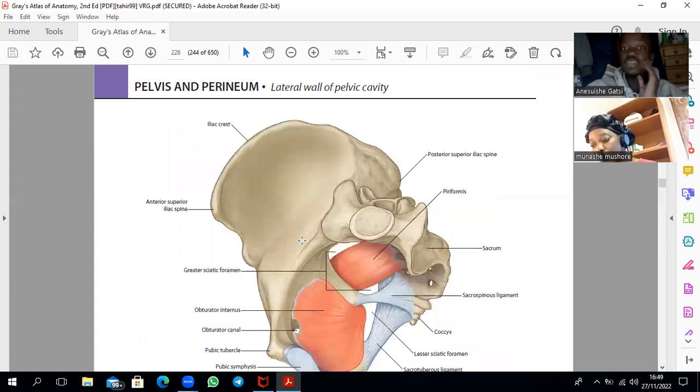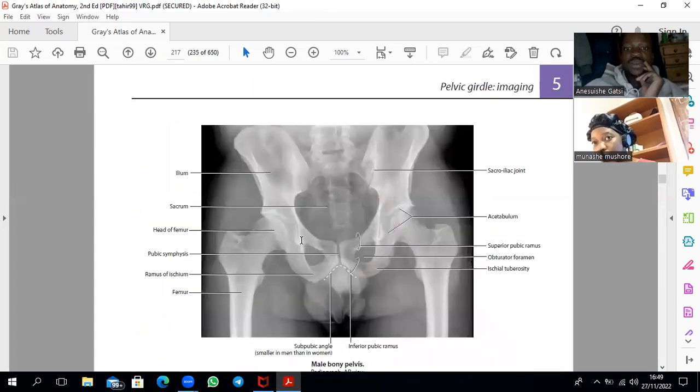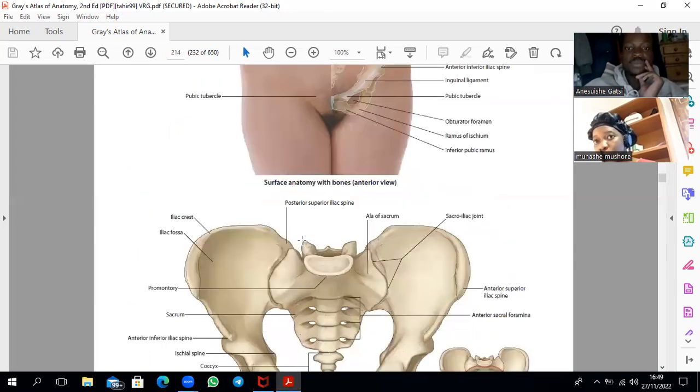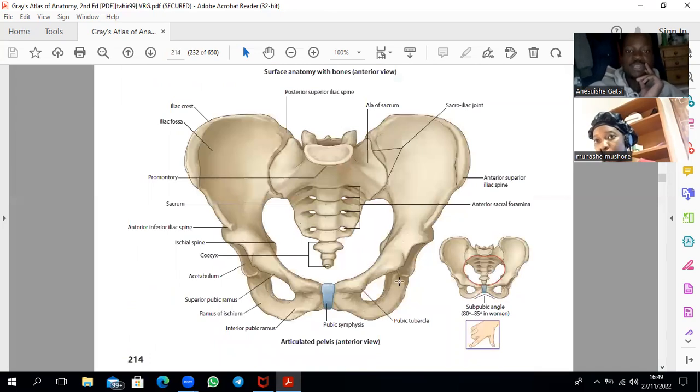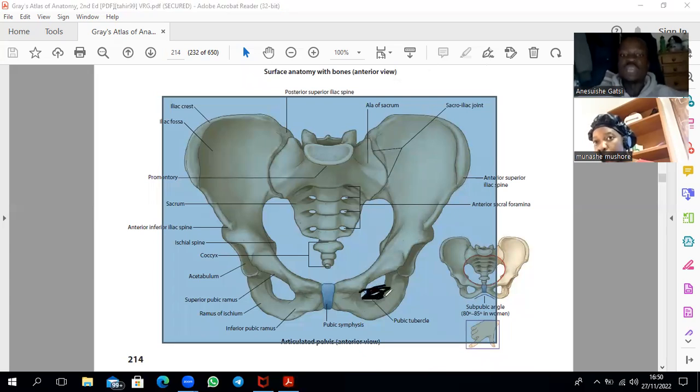You've done the bones, and you have seen this foramen here, this big hole. It's called the obturator foramen. Why? Because that's where you find the obturator vessels. Here's what happens. The obturator foramen is closed by a membrane, which we call the obturator membrane.